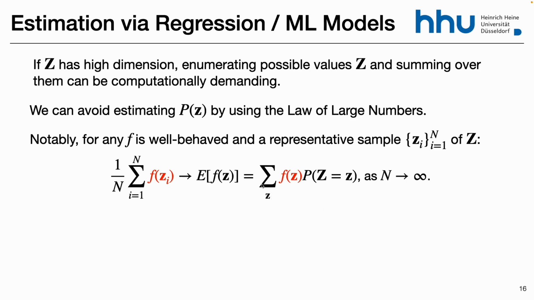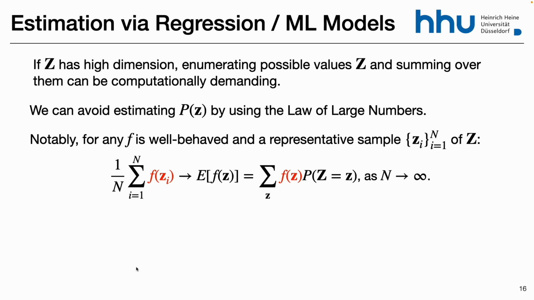This is actually an expectation of a function of z. So for every f of z, as long as this is well behaved, the expectation of f(z) can be estimated by just computing the value of f for several zi's.